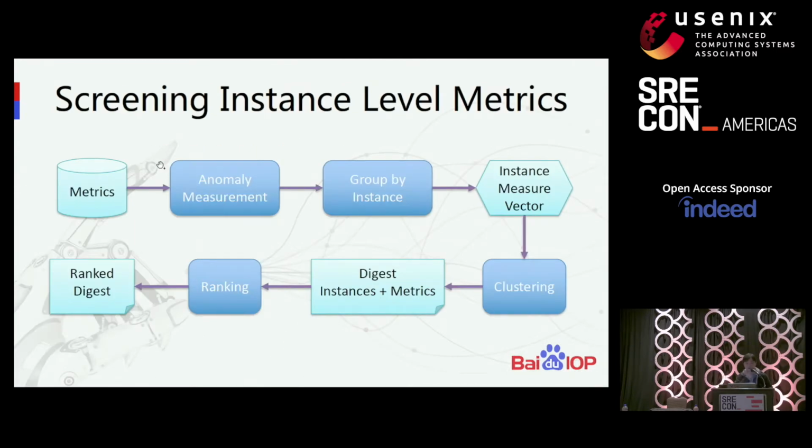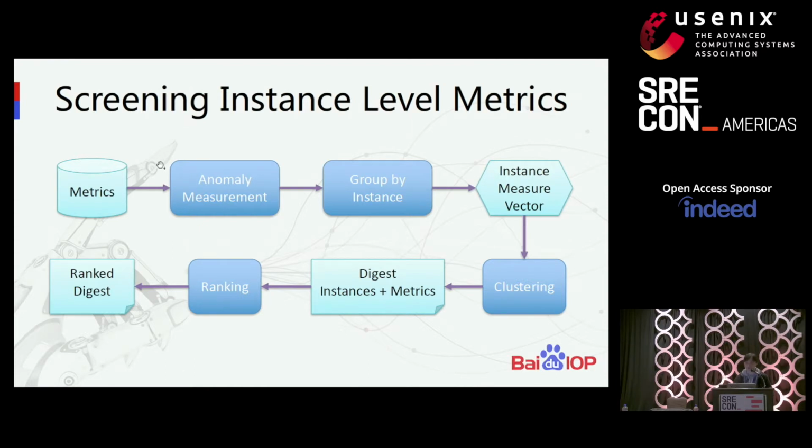So we start from the instance level metrics here. This is our overall procedure for the algorithm. First, we collect a bunch of instance level metrics, and then we perform anomaly measurements. The anomaly measurement transforms the metrics into anomaly scores. Then we group these anomaly scores based on the instances that they belong to, and transform each instance into a measurement vector.